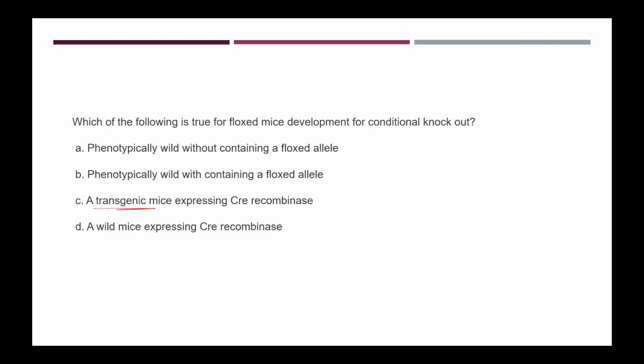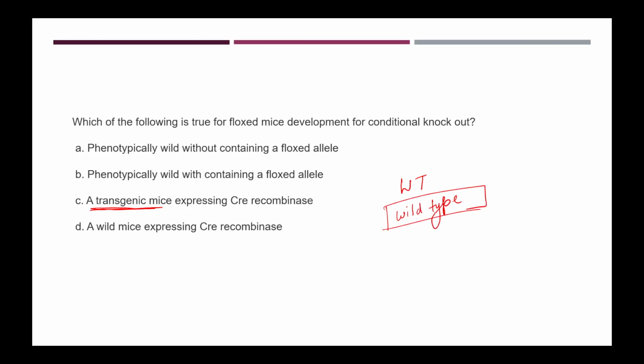So this is referred to as transgenic mice. Transgenic mice means that some genetic modification has been done to that particular mice. So that mice is referred to as transgenic mice, or if there is no modification, that will be referred to as wild type. Wild type means no modification.